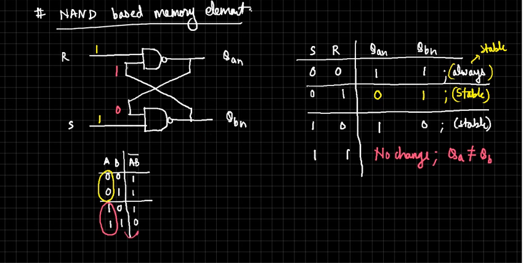It's 0 here. Will they be retained? Yes. Earlier, what was QB? 1. What was QA earlier? 0. Those states are retained, so there is no change, the states will be retained, that's a stable situation. Let me write stable here.